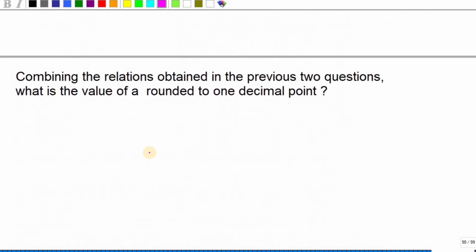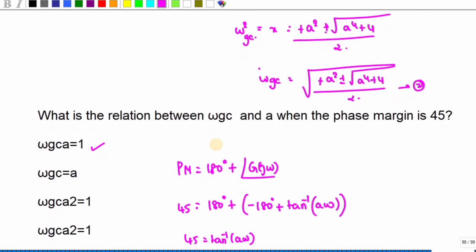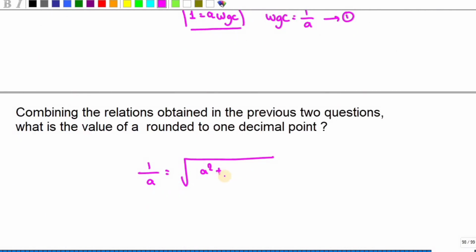So I substitute this first equation in the second equation. I can combine these two terms and find the value of a. So 1 by a is equal to root of (a² plus or minus root of a⁴ + 4) divided by 2. So 1 divided by a² is equal to (a² plus or minus root of a⁴ + 4) divided by 2.